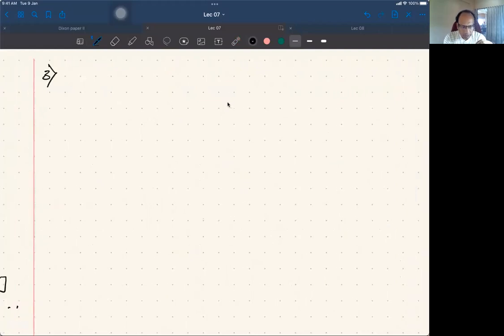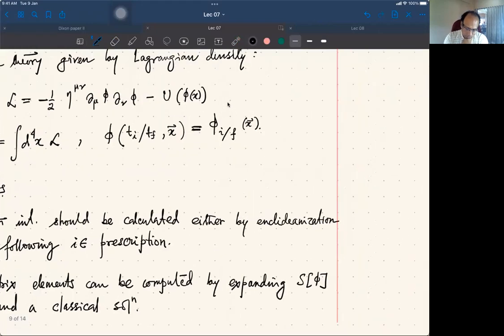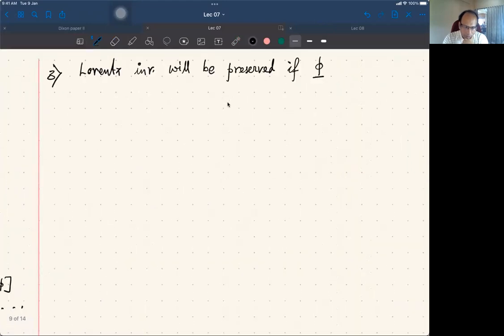Lorentz invariance will be preserved if phi lower bar, the classical solution, is Lorentz invariant.